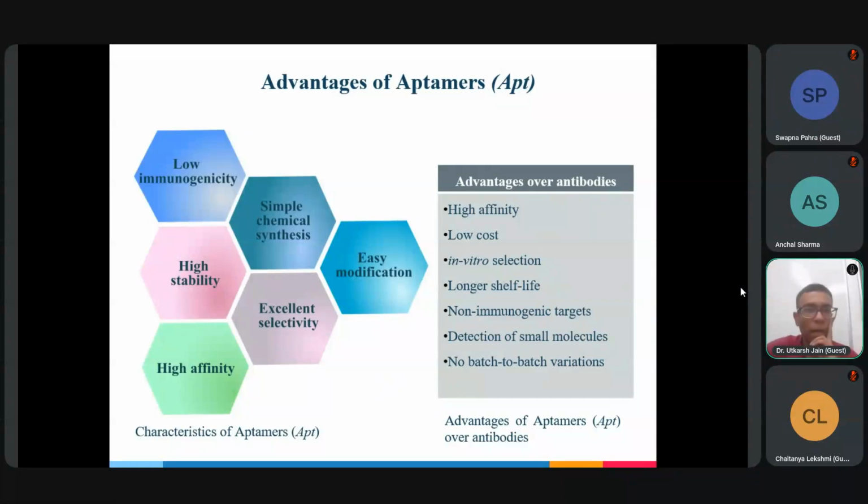These are very advantageous because they have very high, excellent affinity, and strong stability. Although the synthesis of aptamers is not very easy, it takes a lot of processes.